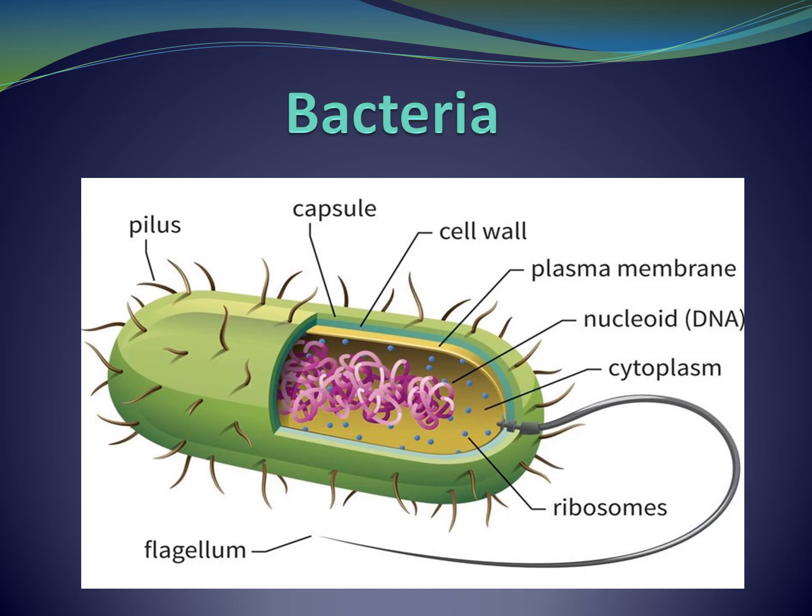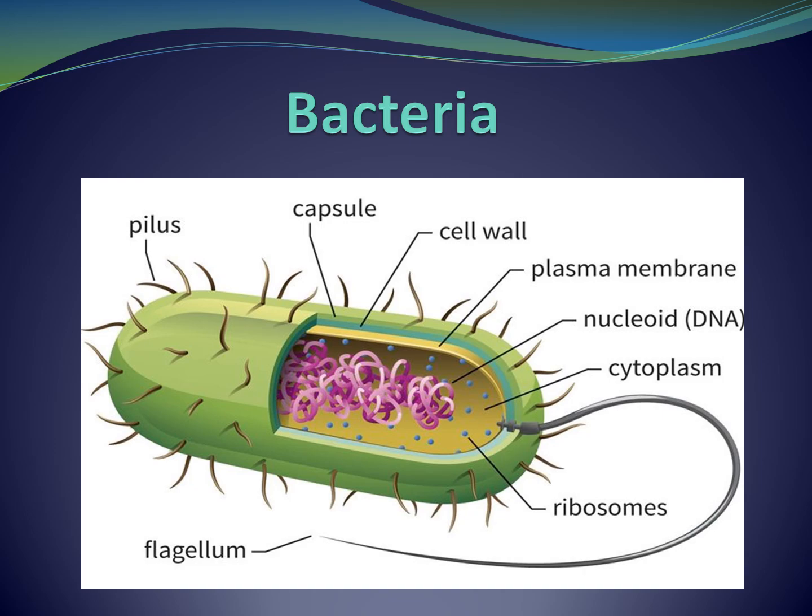This image is not very different from what we saw in chapter 1 in looking at the various parts of bacteria cells. So this is another nice illustration showing things like the pilus, which are those little projections of hair-like features. You have the capsule, which is going to be outside of the cell wall, not always included in bacteria, but something we are going to talk about.